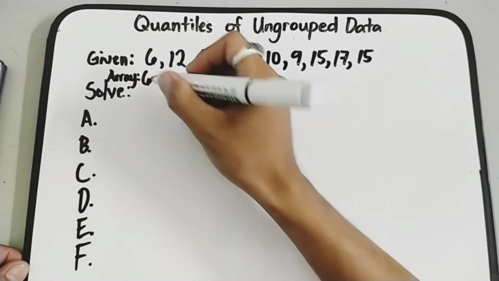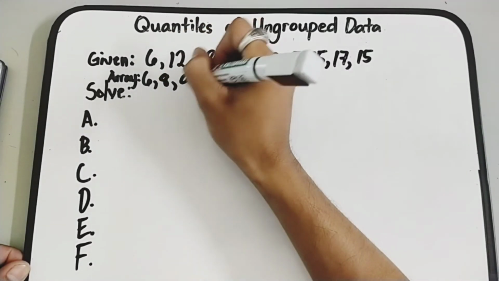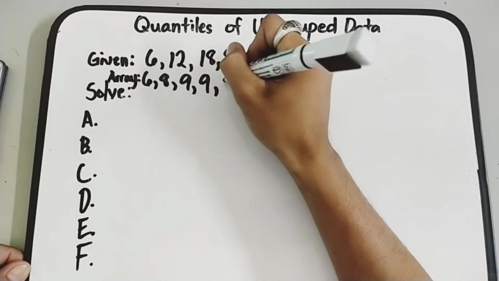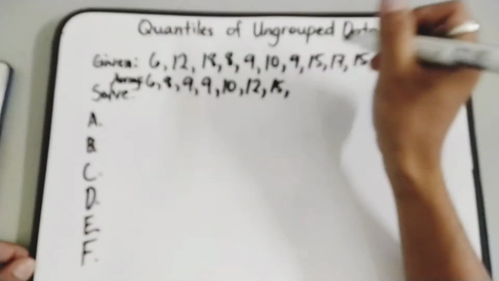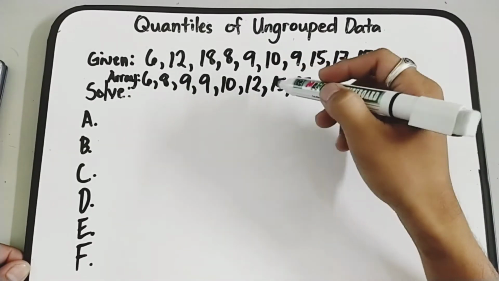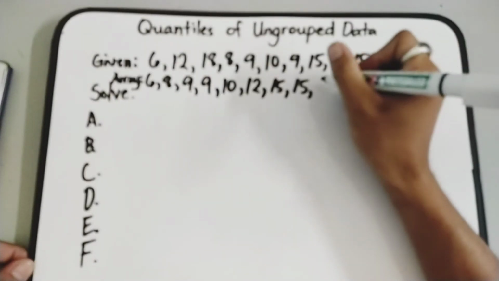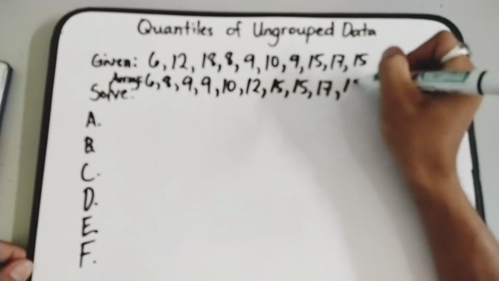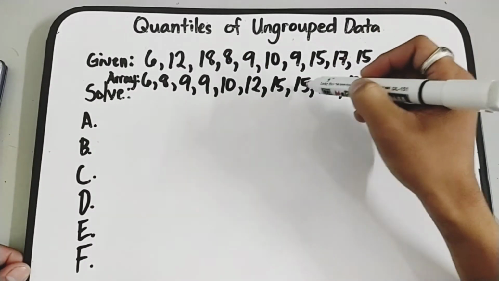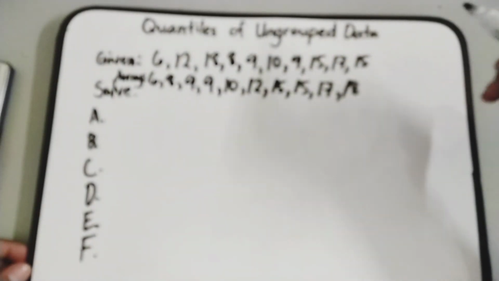Array, you have 6, 8, 9, 9, 10, then 12, 15, 15, 17, and then 18. Okay, kita. Meron na tayo ngayong array.